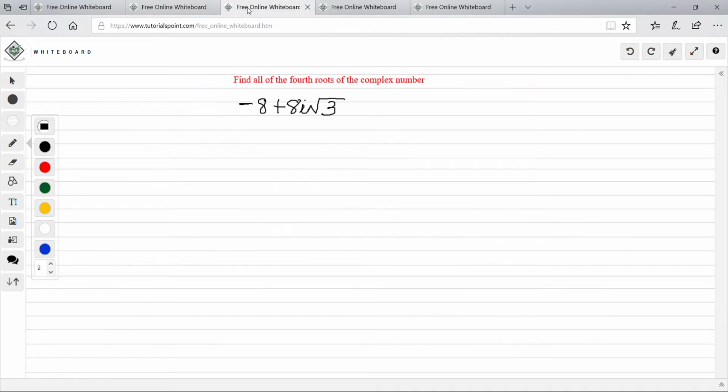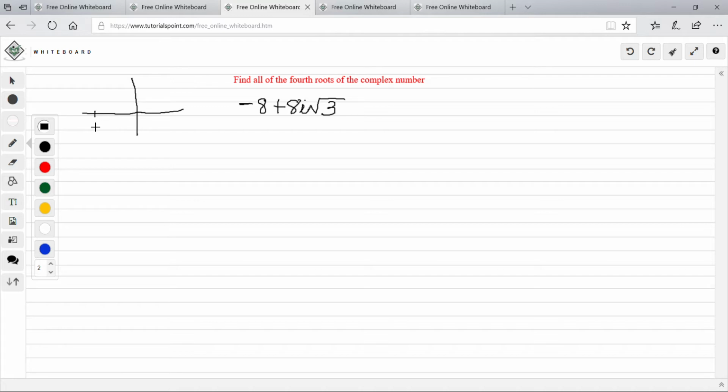The next one says, find all fourth roots of the complex number. First off, I'm going to draw it like the last problem and plot it.